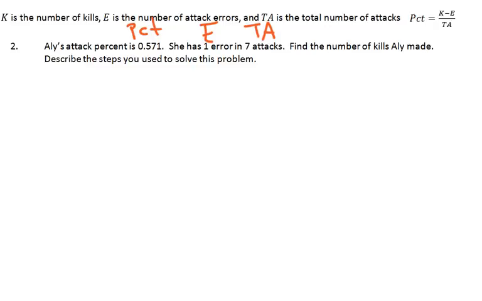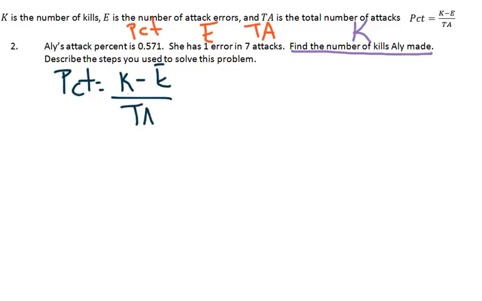Now the question is asking us to find the number of kills made by Allie. So we want to find out what K is. Let's put these numbers into our formula and see what we have to do to solve for K. Right now we have PCT equals K minus E over TA.